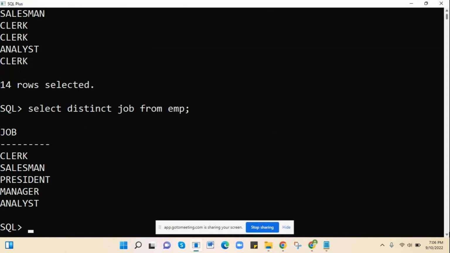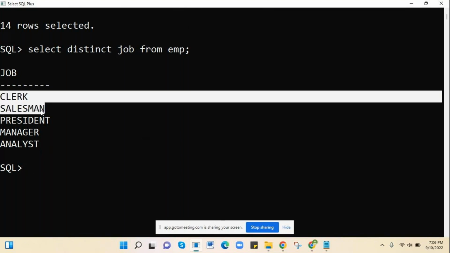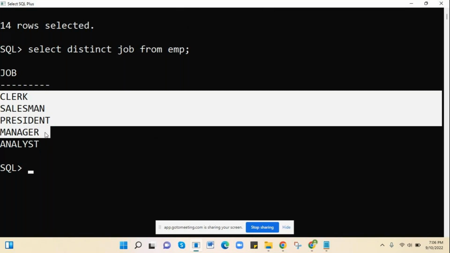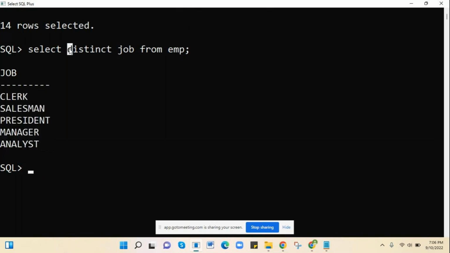You see, it suppresses the duplicate values. It does not give the repeated values. Actually, I have 5 jobs: clerk, salesman, president, manager, and analyst. I have only 5 jobs in my company. So if you want to know the particular jobs information, at that time use distinct.